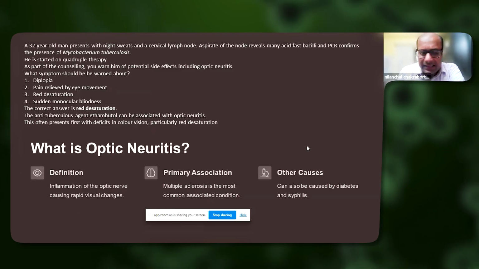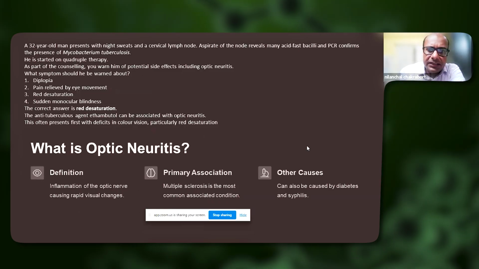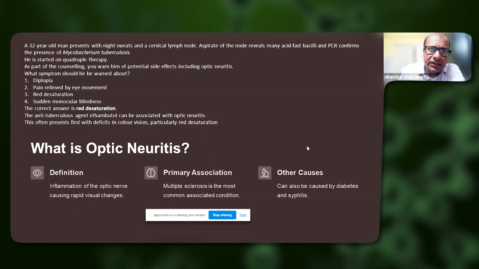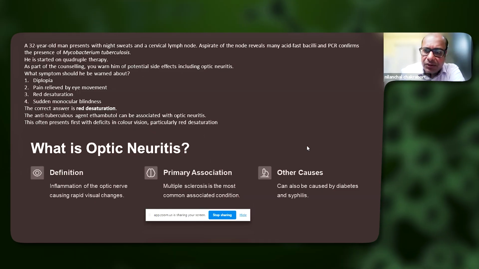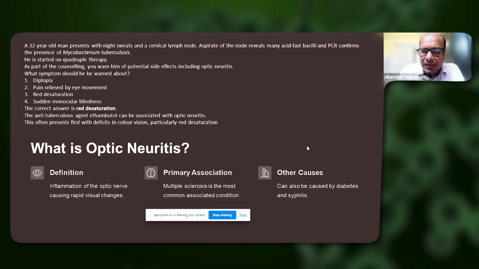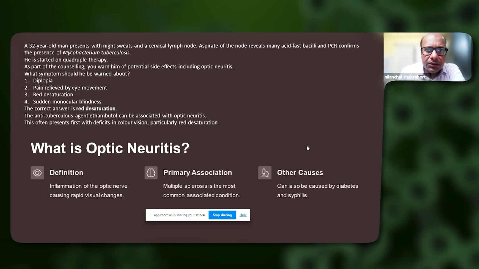Optic neuritis, we know, is inflammation of the optic nerve. It can usually happen due to other inflammatory disorders like multiple sclerosis, and other causes may be diabetes or chronic infections like syphilis or tuberculosis.